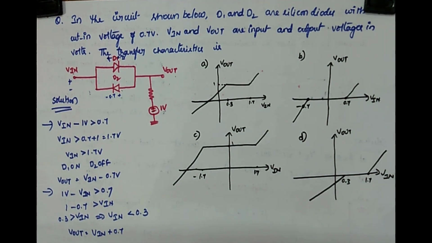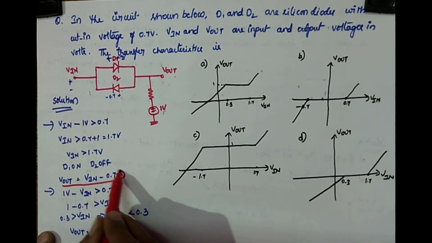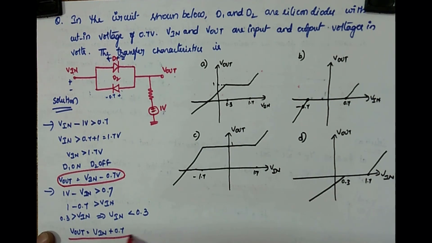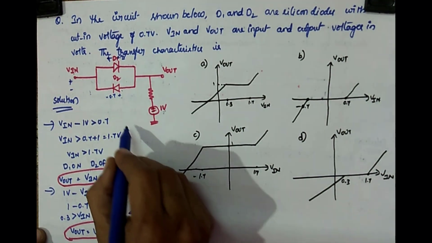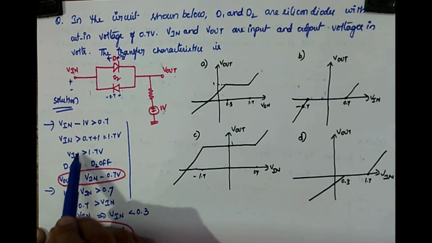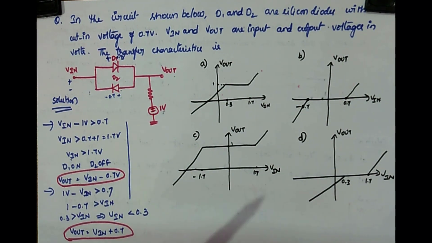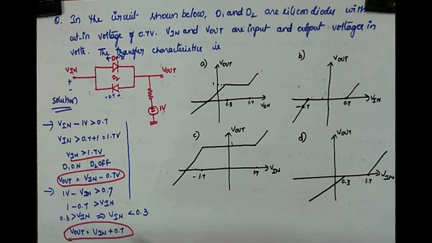Now for these two equations, you have to draw the transfer characteristics. Another point is there. Suppose Vn is greater than 1.7, then diode D1 is on. Here Vn less than 0.3, then diode.